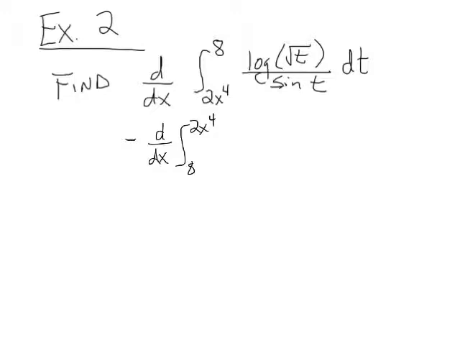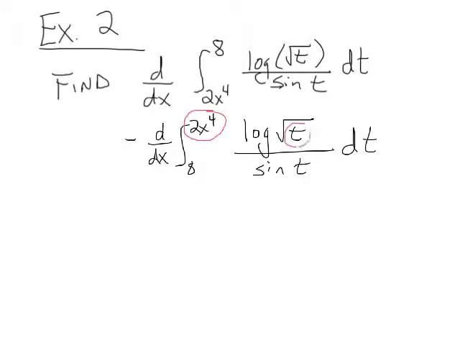So we're able to switch the boundaries, and you can use the second part of the fundamental theorem of calculus to see that. I demonstrated it in class as well. Then we just take our 2x to the fourth and plug it in for the t's, keeping in mind that we also need to apply the chain rule.